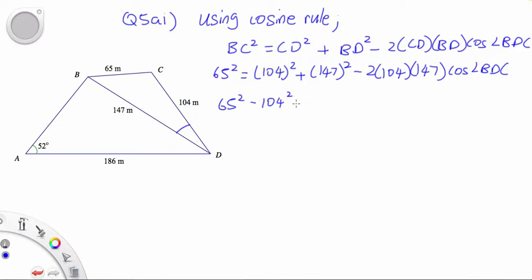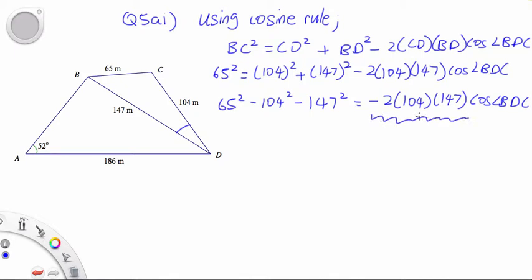Shift the numbers to the left. And take note, now you can shift the whole thing from the right to the left as well.